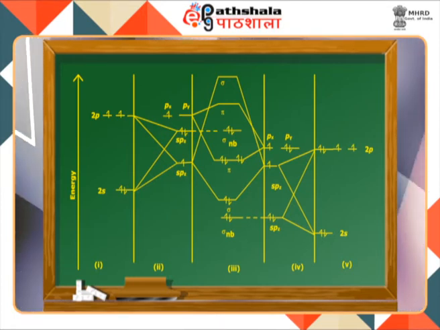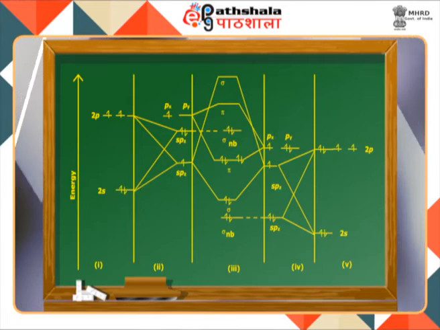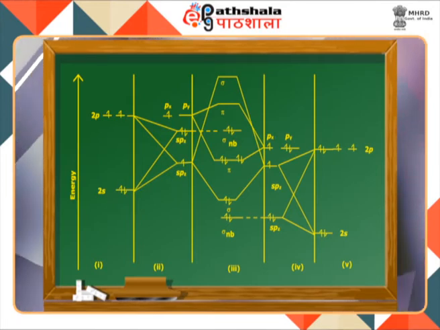You can see from this diagram the sigma bonding molecular orbital, the pi bonding molecular orbital and the pi star antibonding molecular orbital. The molecular parameters of the carbonyl molecule are: bond order equals 3, bond length equals 1.131 angstrom, bond energy equals 1072 kilojoules per mole, magnetic property is diamagnetic, IR absorption peak at 2143 cm inverse.